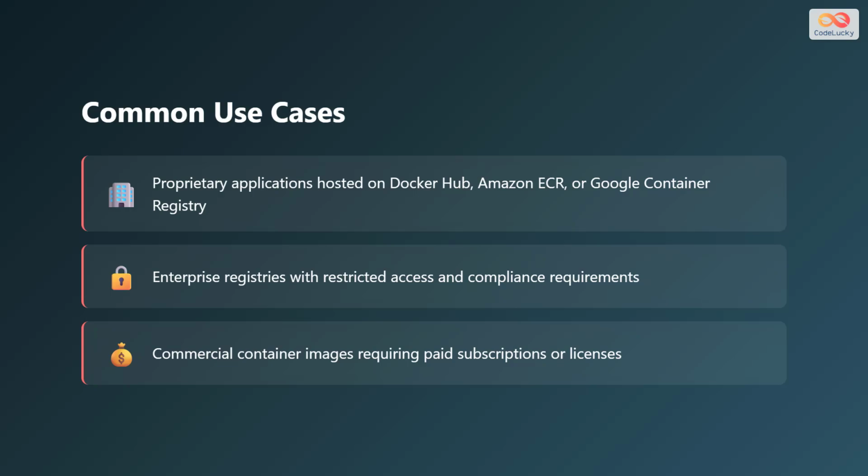Second, enterprise environments often have strict compliance and security requirements that mandate restricted access to container registries, making ImagePullSecrets necessary for controlled image distribution. Third, commercial container images that require paid subscriptions or licenses need authentication before they can be pulled, and ImagePullSecrets facilitate this access while protecting licensing agreements.